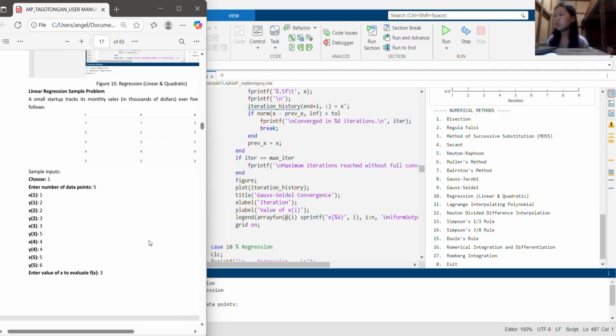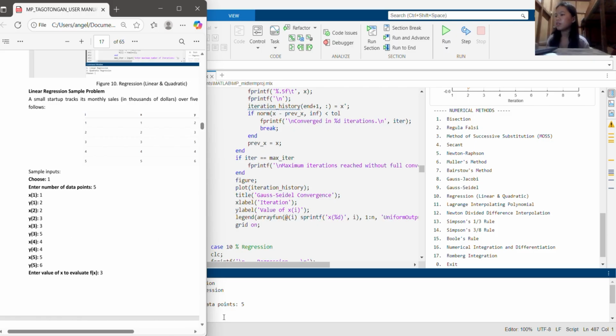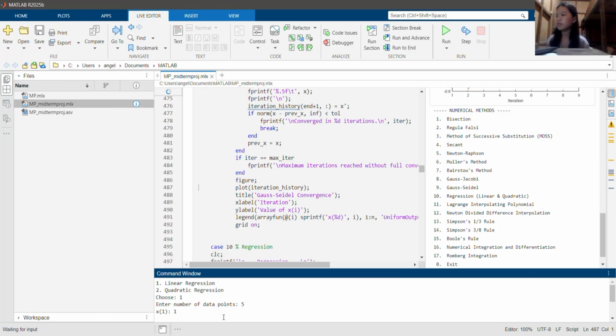The program will now ask for the data points, which is we're going to enter 5.